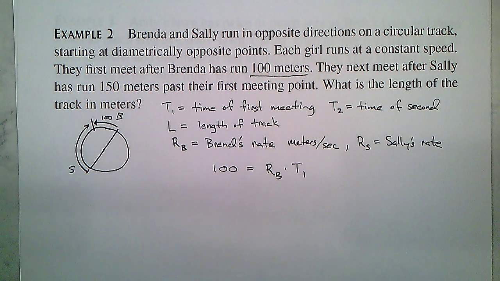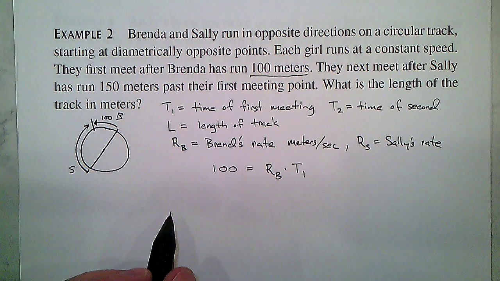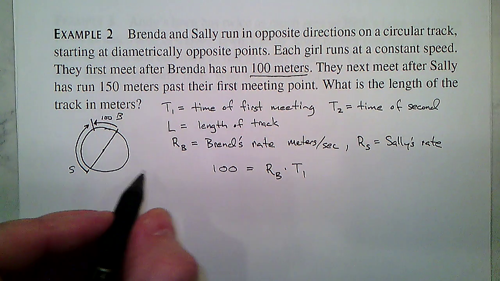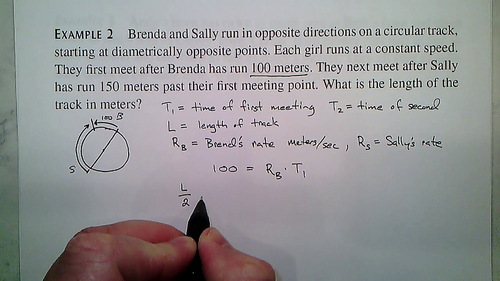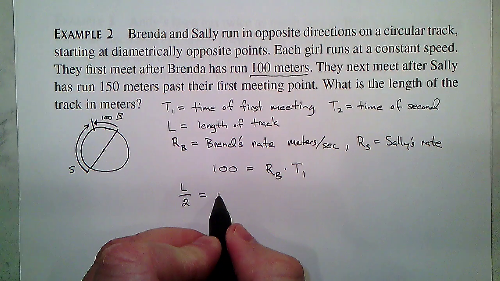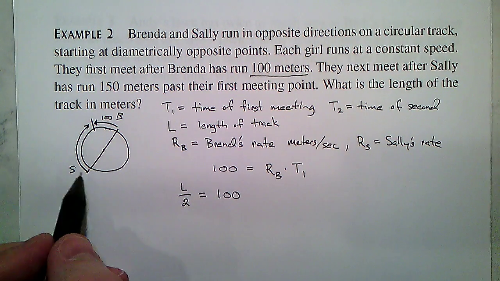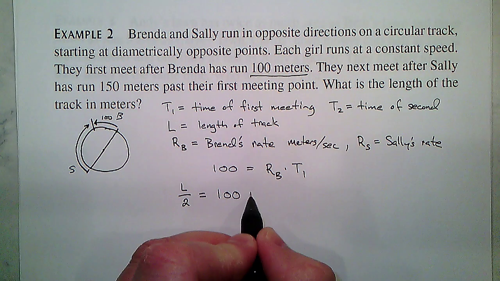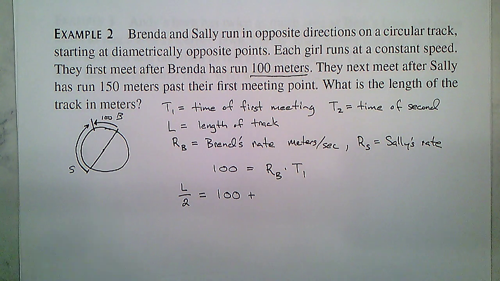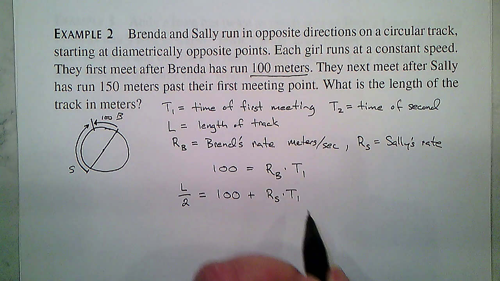Okay, well, what am I trying to do? I'm trying to find the length. So let's get length in there somewhere, the length of the track. Here, they've just gone half the length. So I know that half the length equals the 100 that Brenda goes, plus the distance that Sally goes, which is Sally's rate times T1.